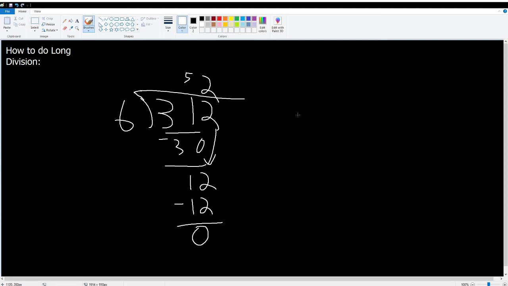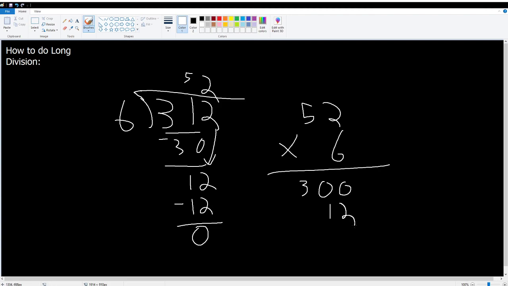It's 0. So 6 times 52 should be 312. Well, let's see. One way I do this in my head is I know that I can break apart 52 into 50 plus 2. So 6 times 50. 6 times 5 is 30. So 6 times 50 is 300. 6 times 2 is just 12. Right? So you get 312. Okay.